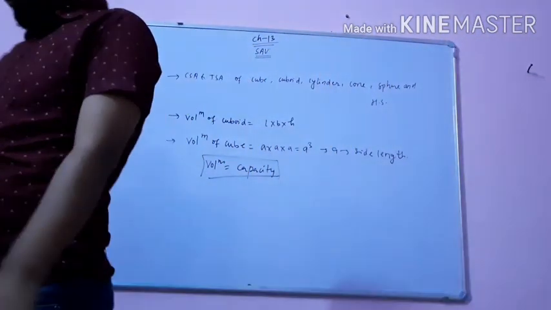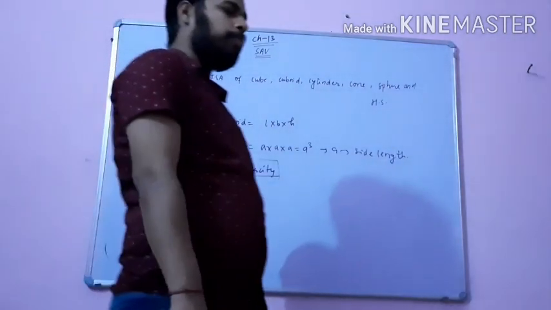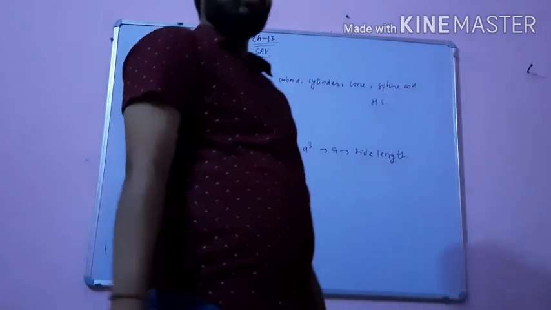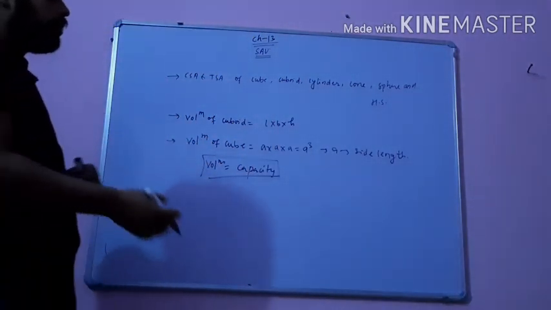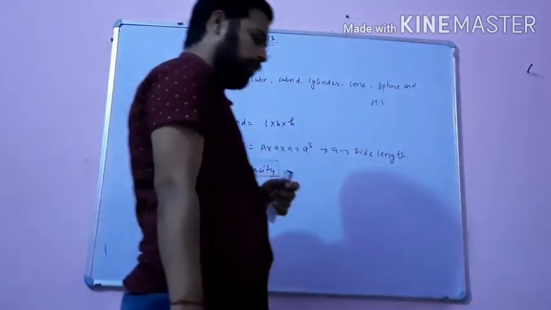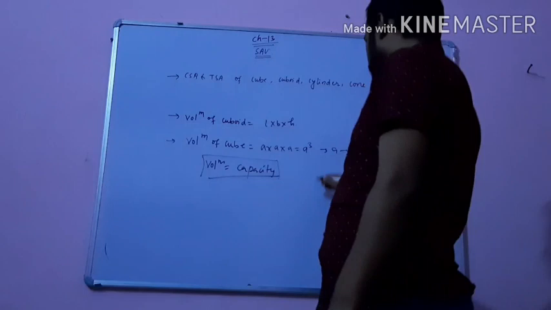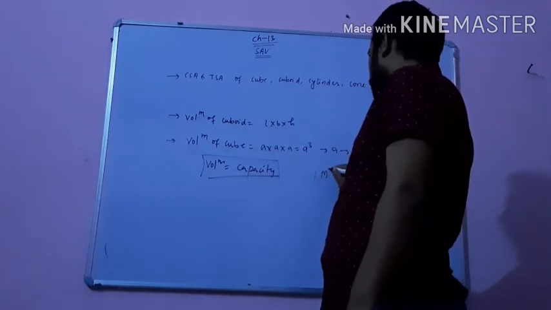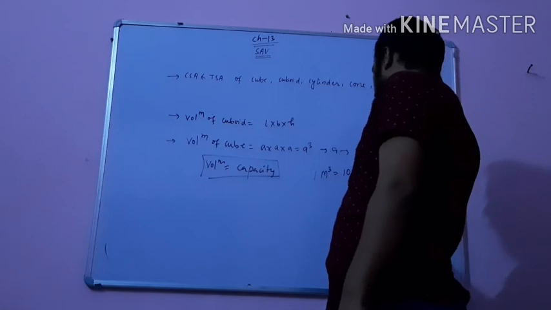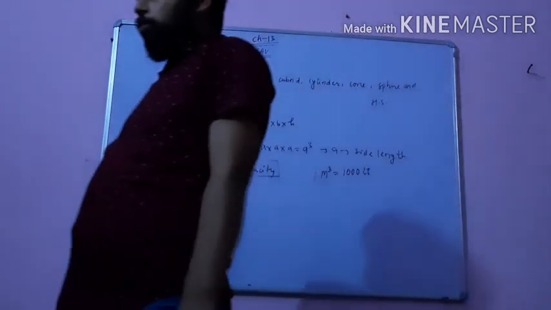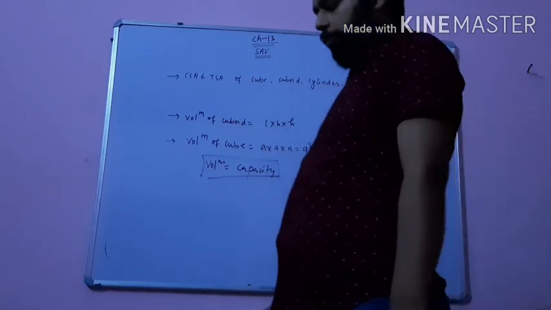In that case we will find volume in terms of meter cube or centimeter cube. Whenever we have to change meter cube or centimeter cube into liter, you must remember: 1 meter cube equals 1000 liter.